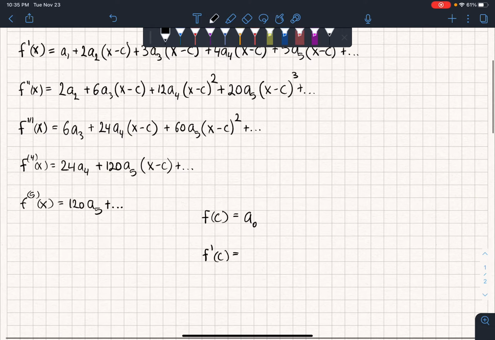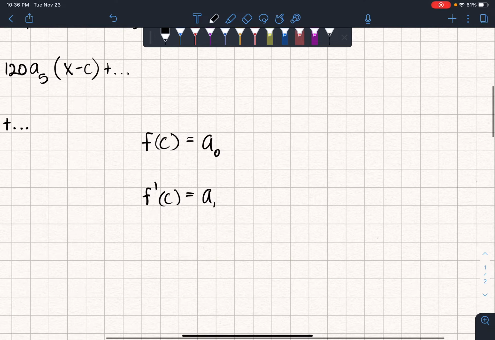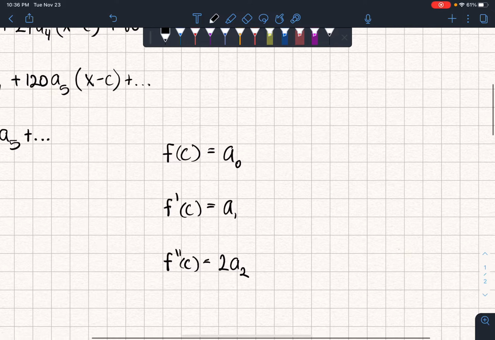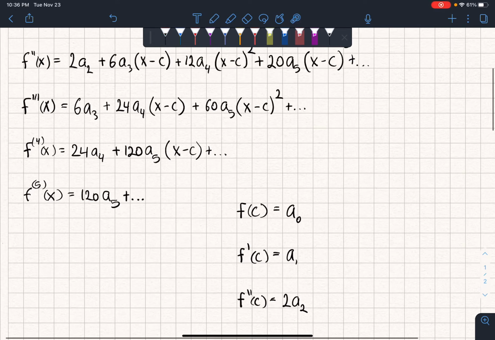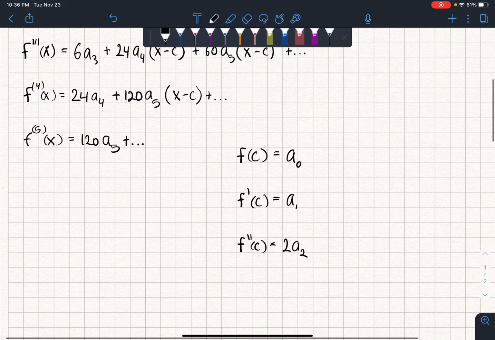So it's a sub 1. And we start seeing a pattern pretty quickly. f double prime of c is 2 a sub 2. That's from right here. And then f triple prime of c is equal to 6 a sub 3.